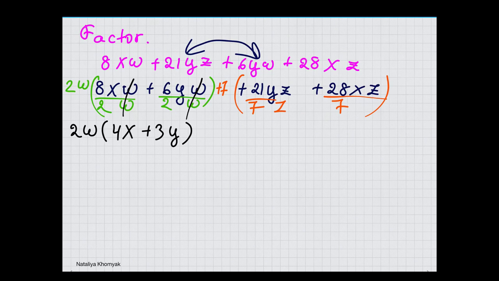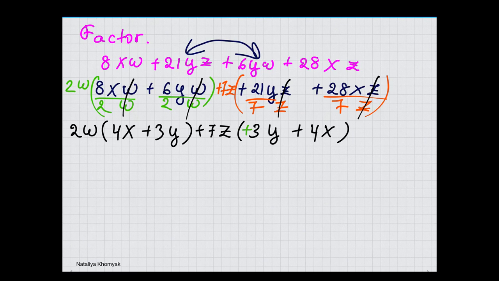We can take out z also, plus 7z times 7 goes into 21 3 times. This cancels, y, plus 7 goes into 28 4 times. This cancels, x. Now we need to factor out the parentheses, but we can only factor out same looking parentheses.